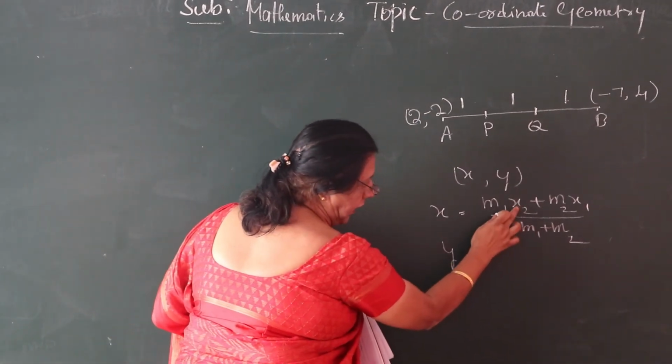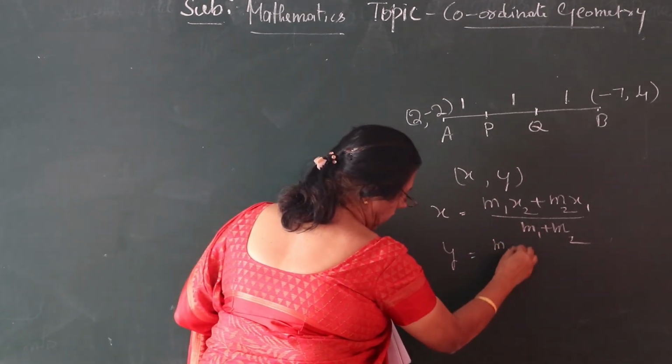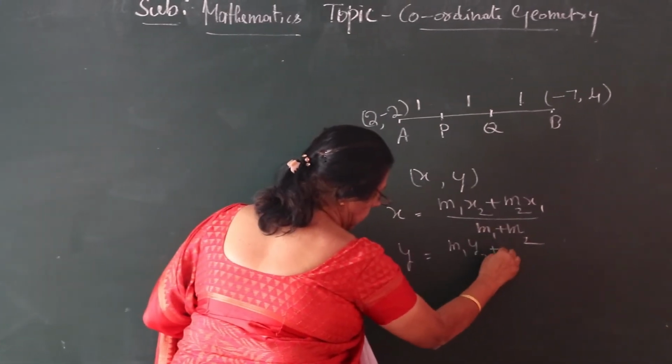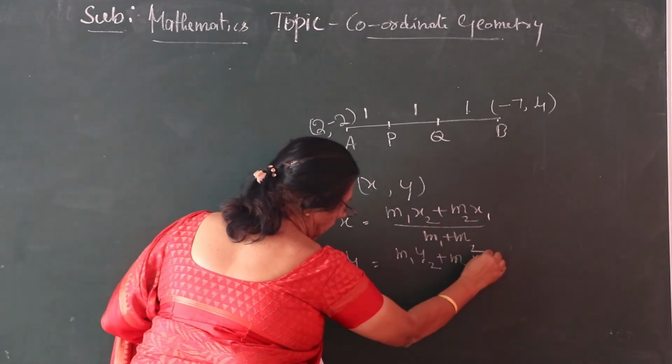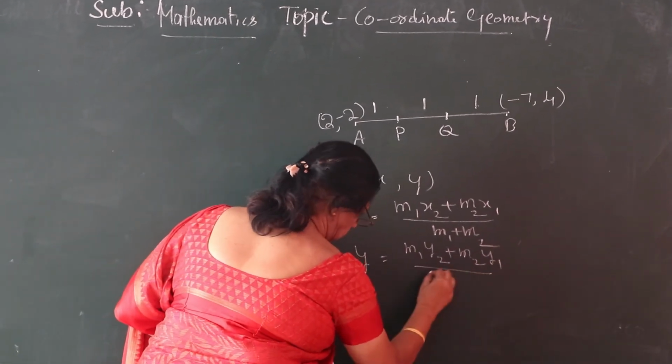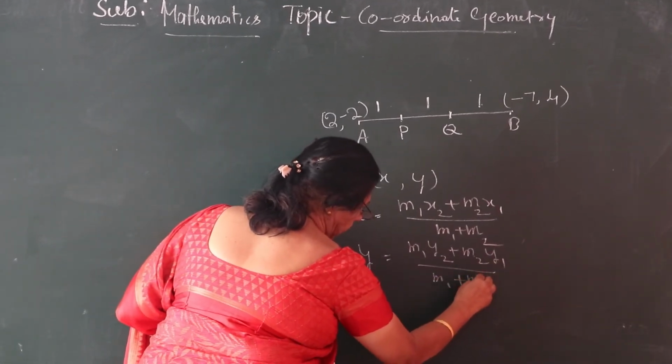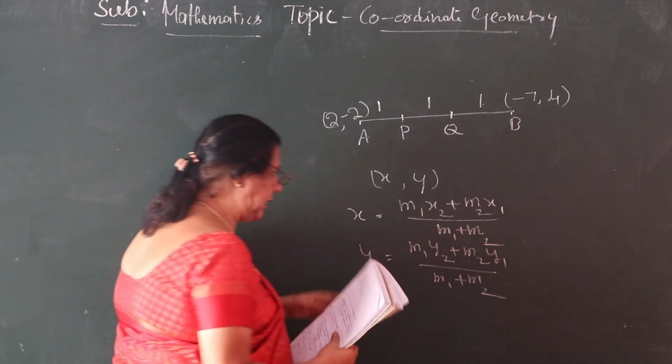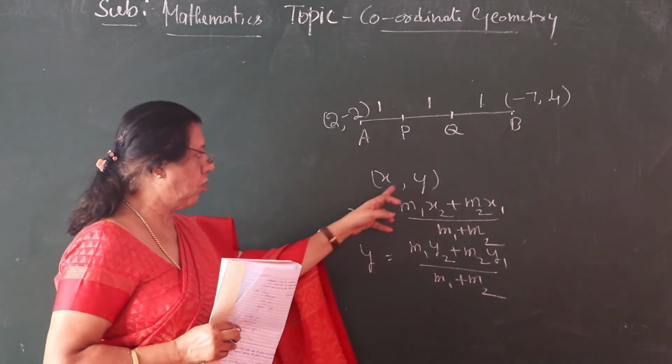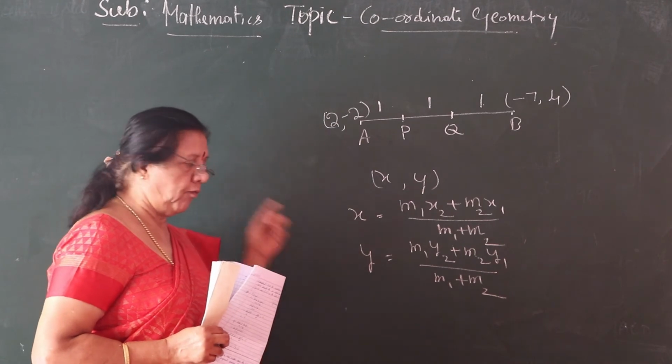Go for y, with respect to y. Now you replace it: M1 Y2 plus M2 Y1, divided by M1 plus M2. Okay, this is the section formula for the coordinates x and y.